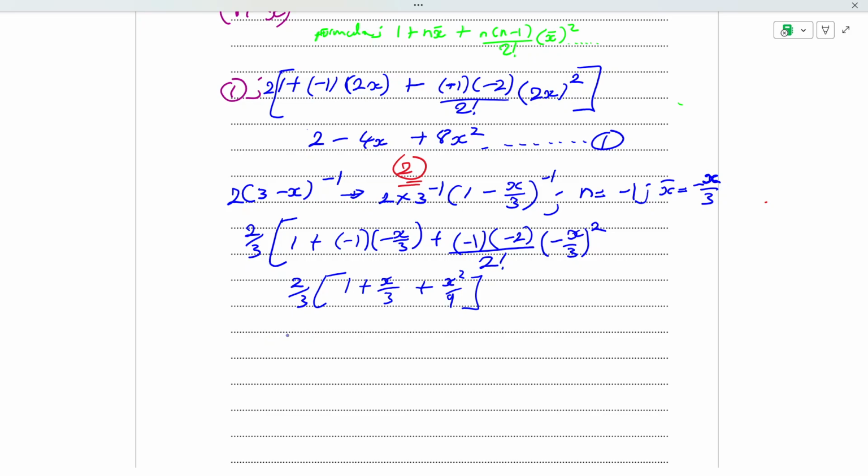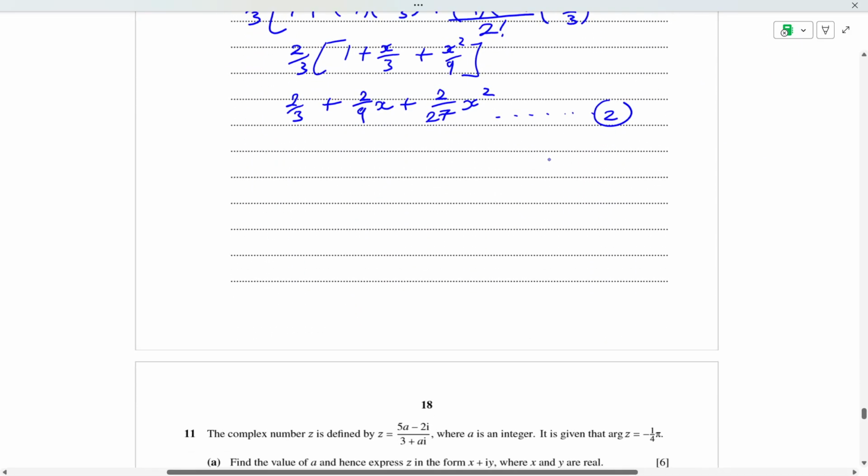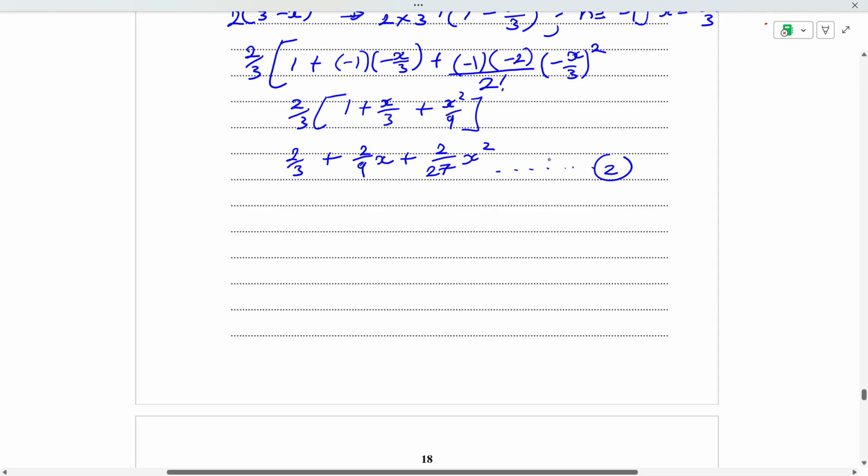Then the final answer for the second part will be 2 plus 2 over 9x plus 2 over 27 x squared. So that's 2 right there. For the third part, we're going to do the same procedure again. Part 3, same procedure, and then we have negative 3 outside, 3 minus x to the negative 2.